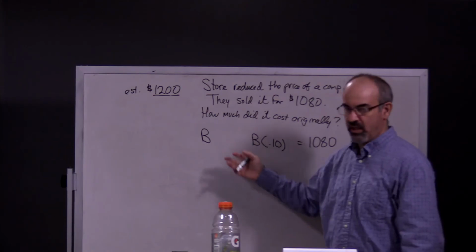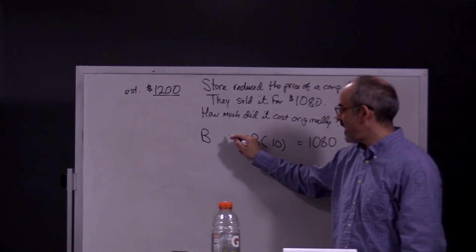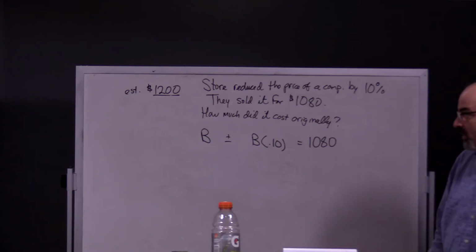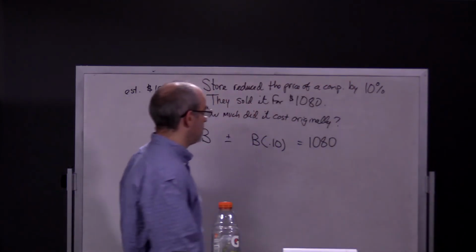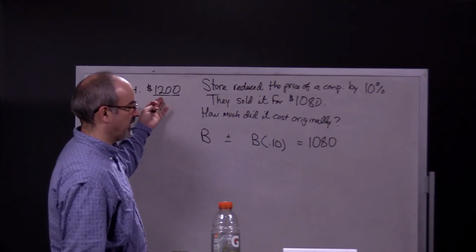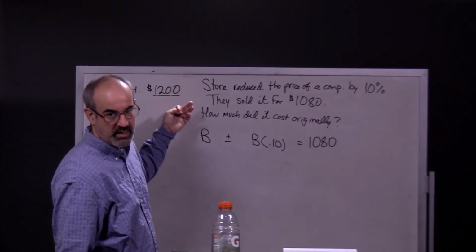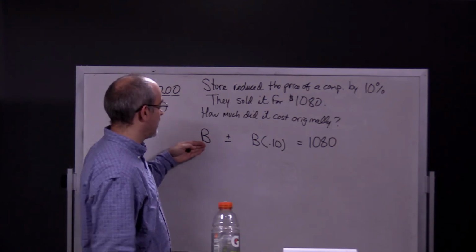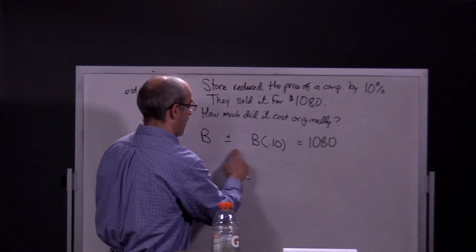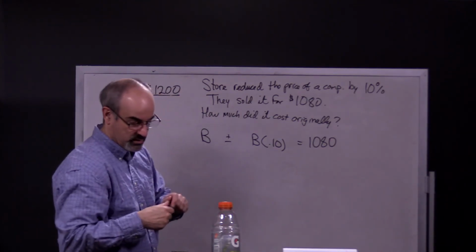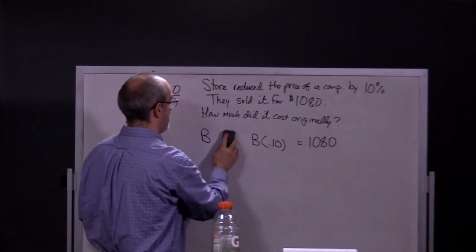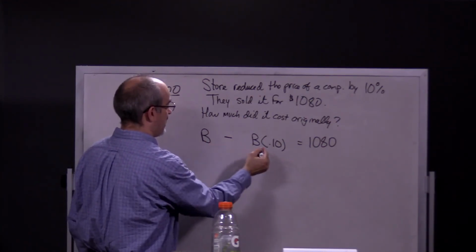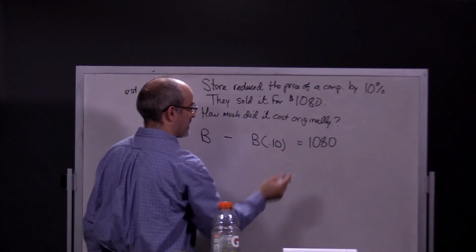I left a blank here because what am I going to do? This is either add or subtract. Well, remember, I said that the computer had to cost more to begin with because it's being reduced to 1080. So if I have a higher number than this here, I have to subtract something from it to get a lower number.